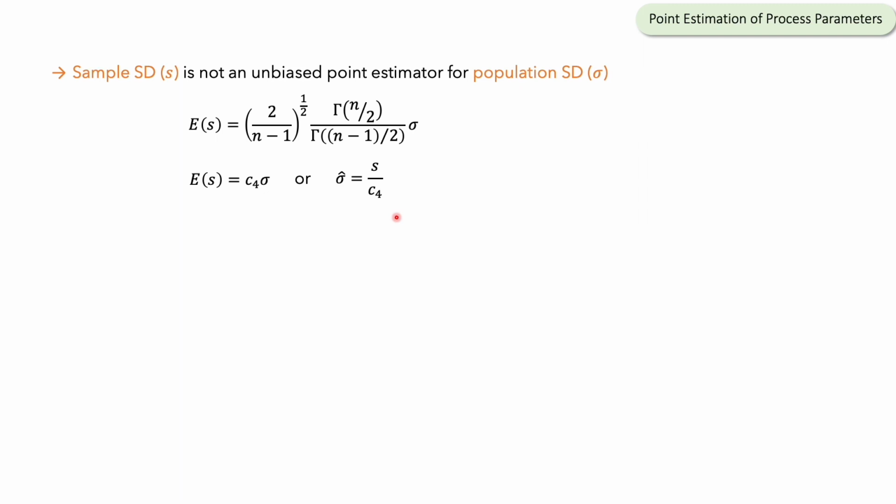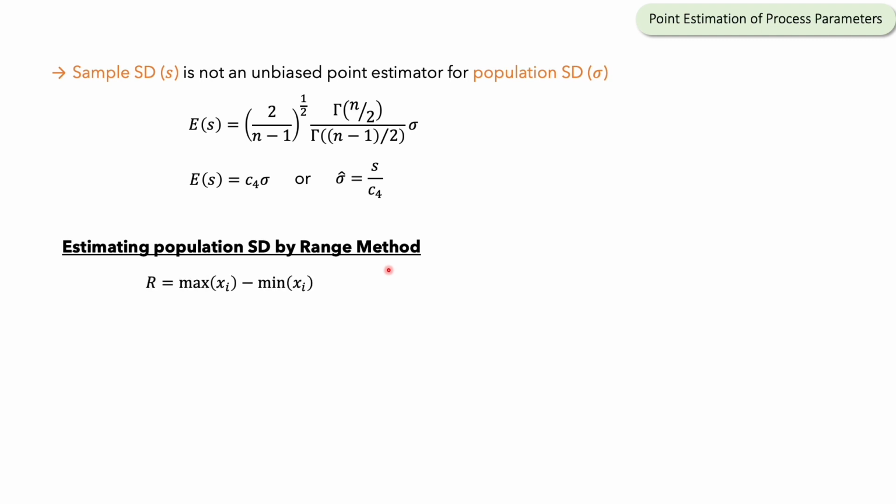There is another method by which we can estimate the population standard deviation, that is the range method. This one is suitable if we have smaller sample sizes and want to do it manually.